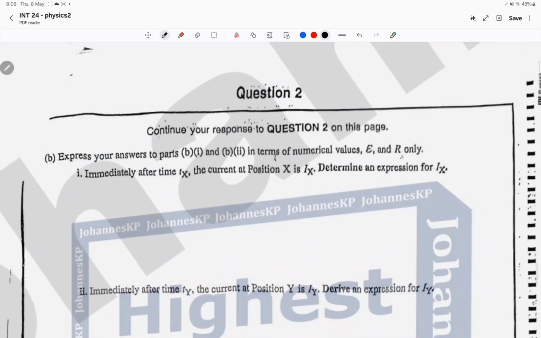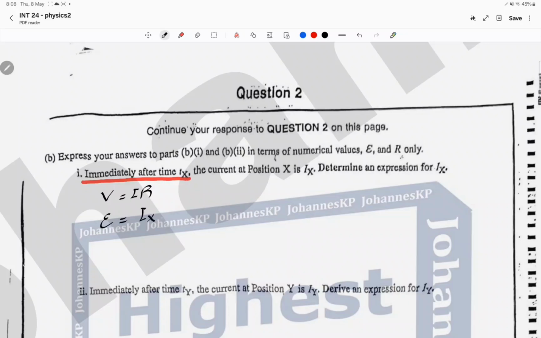All right, so B, express your answer to part BI and part BII in terms of numerical values, EMF and R only. So you see here they said immediately after time Tx. That means that the capacitor did not get the time to charge yet. So that means that we're going to say V is equal to IR. That's just Ohm's law. And V being the EMF in the figure.